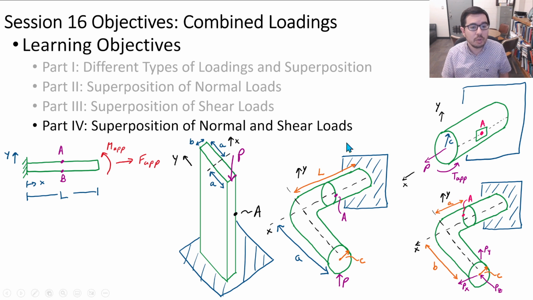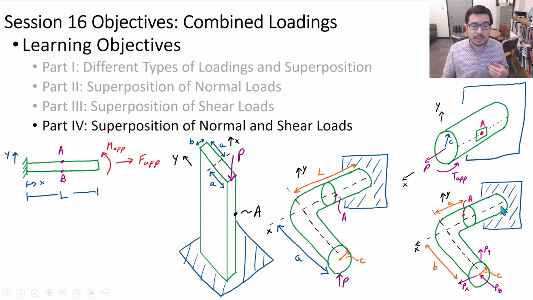Okay, so in this particular session, what we'll be looking at are types of systems like we have here, where maybe a torque is being applied and we have some shear stress induced on this element, and we may have an axial load, which is causing some normal stress on this element.